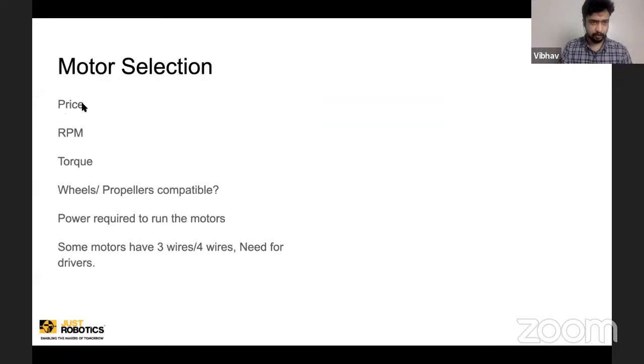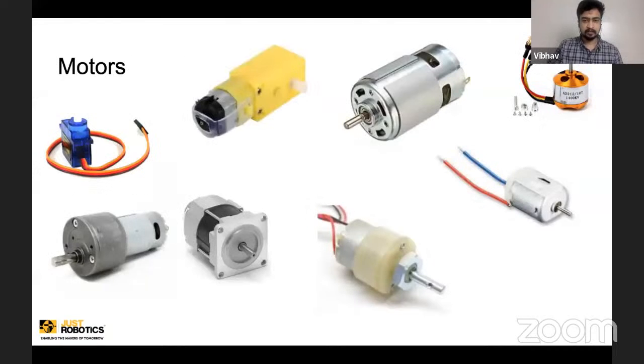The first and foremost thing is the price, whether the motor is affordable for your project or not. The second thing is how fast you want the motor to rotate, how much weight it has to pull, whether your motor can be attached to the wheels, and how you would attach this motor to the body of the robot. Every motor has different mounting holes.